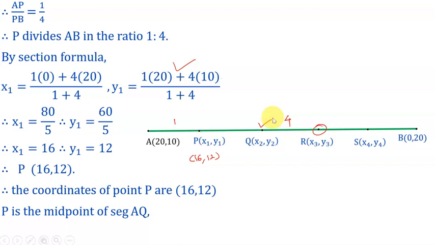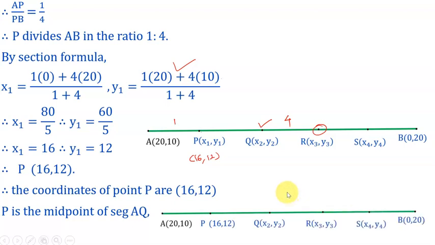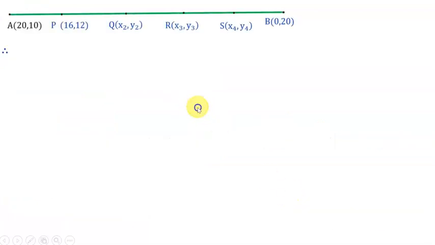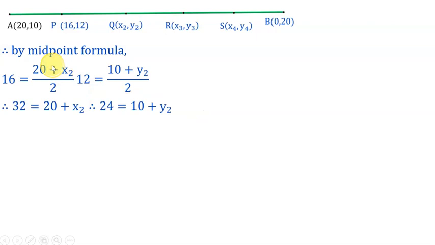Okay. Now see this here. We can also find the coordinates of R. By midpoint formula, P is a midpoint of AQ. Therefore, here 16 is equal to 20 plus x2 upon 2, and this y coordinate 12 is equal to 10 plus y2 upon 2.